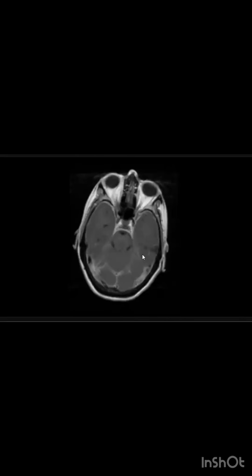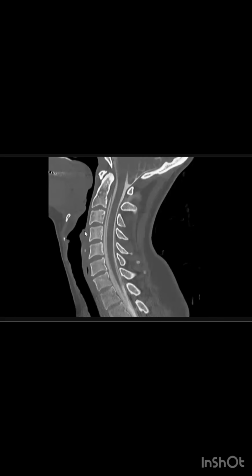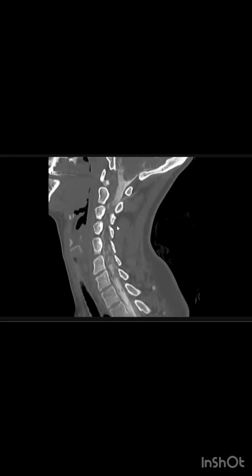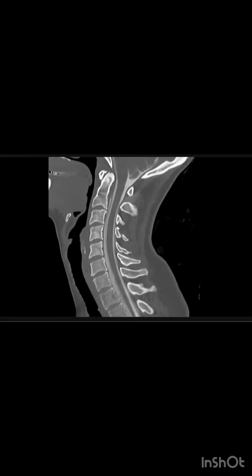We have already done an MRI scan, so we can do an MR myelogram or CT myelogram to see whether there is any CSF leakage, and a cisternogram. What did the CT myelogram show?